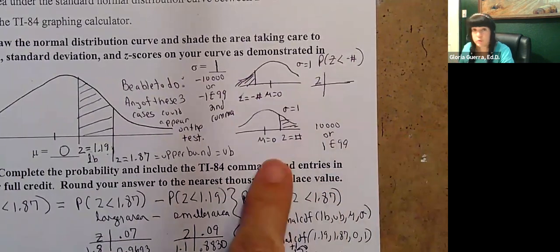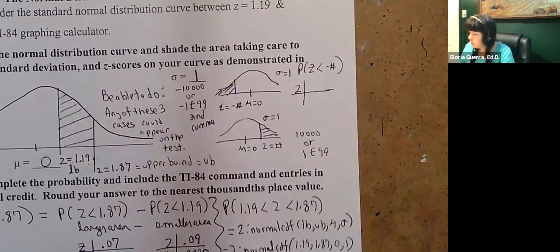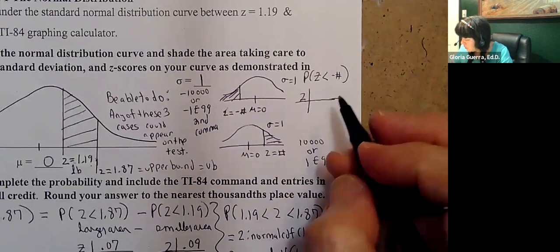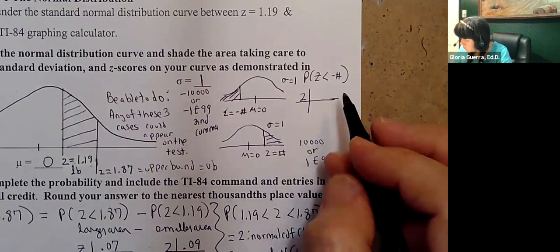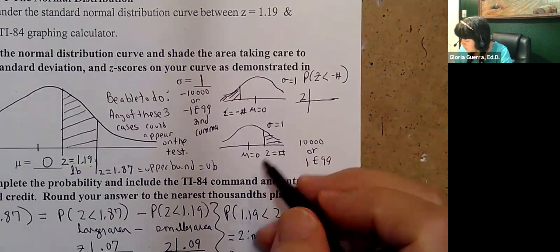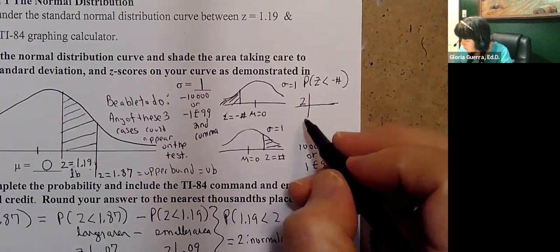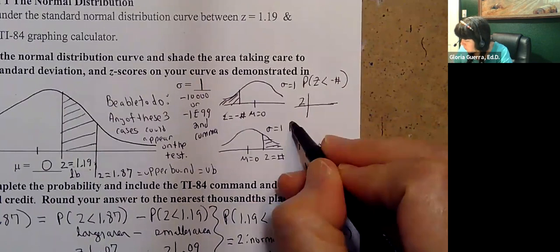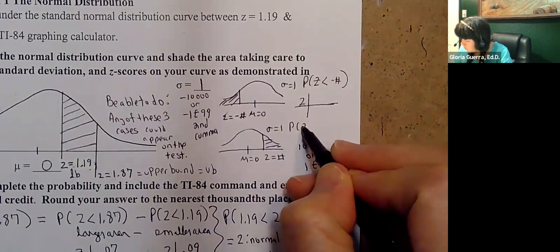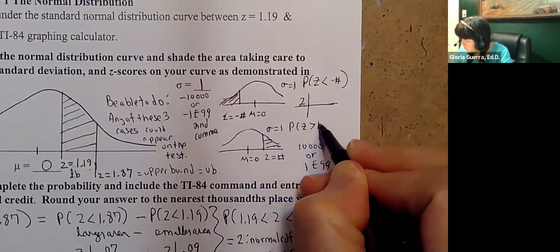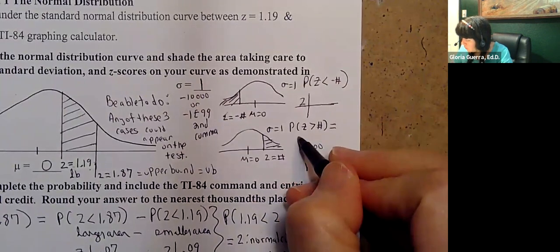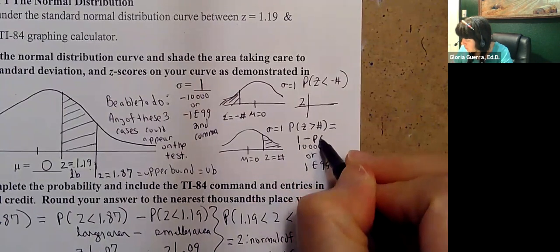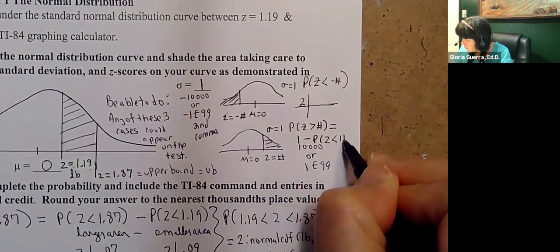And if you're using the table, the probability is equal to... Remember, it has to be 1 minus the probability that z is less than.